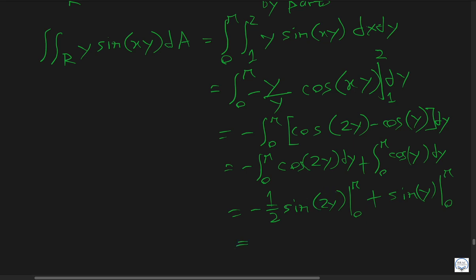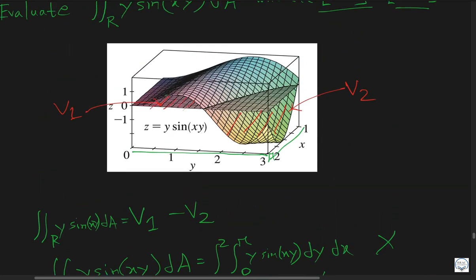This will be sine twice pi minus sine 0. Both of them are 0, so this is 0. And sine pi is 0, and sine 0 is also 0, so it's 0 minus 0. This is also 0. Sorry, this will be a minus sign. So this is minus 0 plus 0, which is also 0.